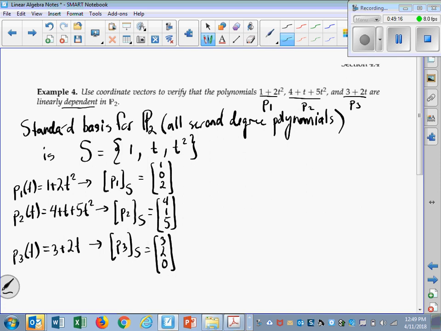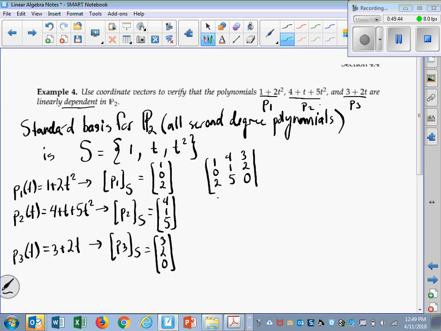So let's slap these vectors into a matrix here. We're doing a linear combination of these vectors: this is the first vector, P1, P2, P3, and now we're augmenting this with the 0 vector to see what the weights are. If we can find a dependence relation, then the vectors are linearly dependent.